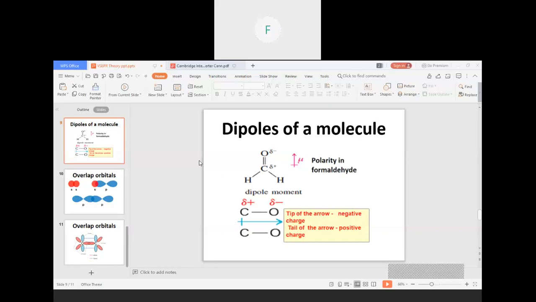But this double bond is the overlap between an s orbital and a p orbital of the same atom. So this double bond looks like one bond pair.